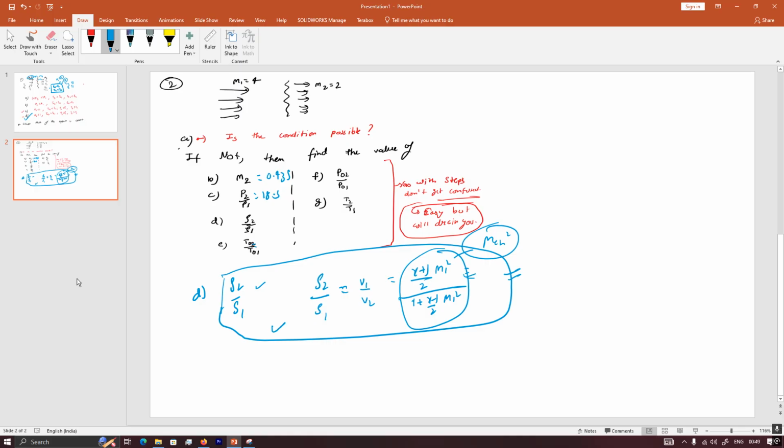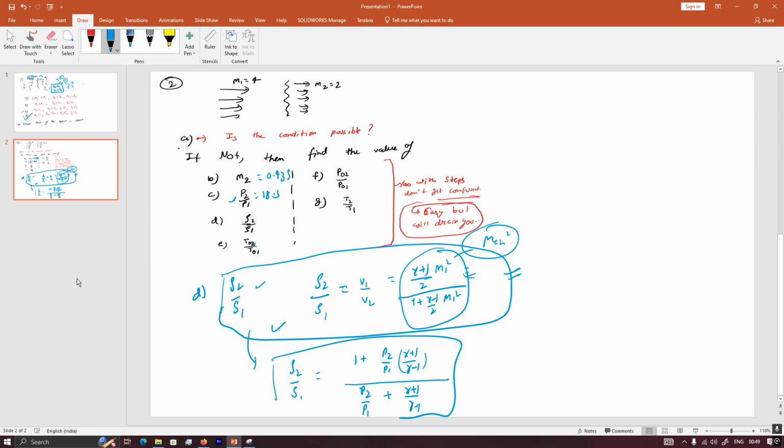The other formula we can use is for rho 2 by rho 1. Since p2 by p1 is already known to us, we can directly use this formula as well, which is 1 plus p2 by p1 times gamma plus 1 upon gamma minus 1, upon p2 by p1 plus gamma plus 1 upon gamma minus 1. So this formula is also valid. Since we know M1 and we also know the P2 by P1 ratio, both approaches you can try.